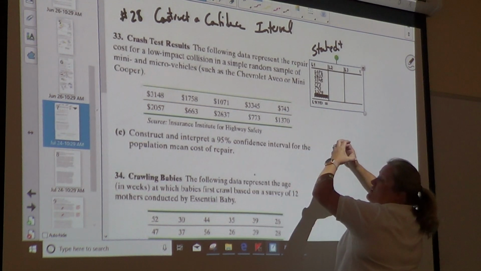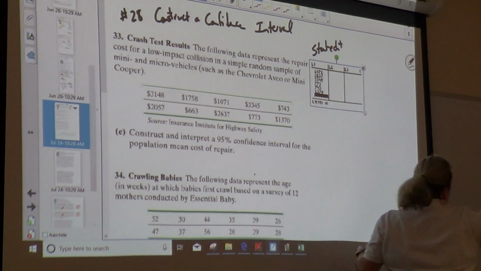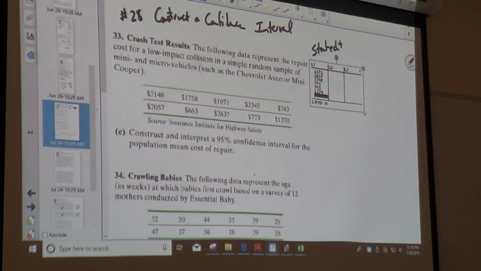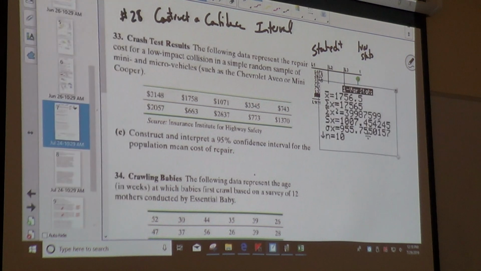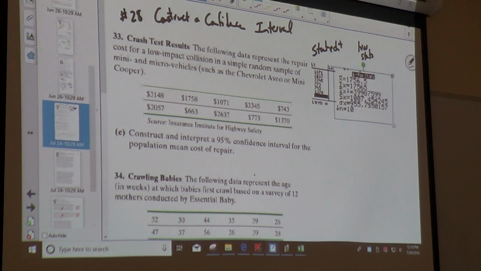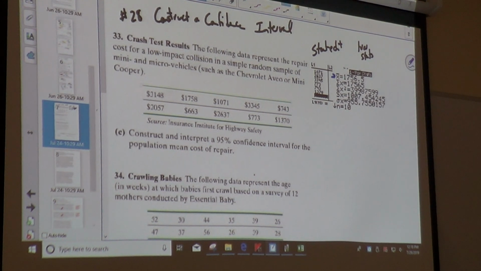So we're going to do stat calc 1-var stats. The only reason we're going here is to get our mean and our standard deviation, and it's also going to ask us how many pieces of data we have.